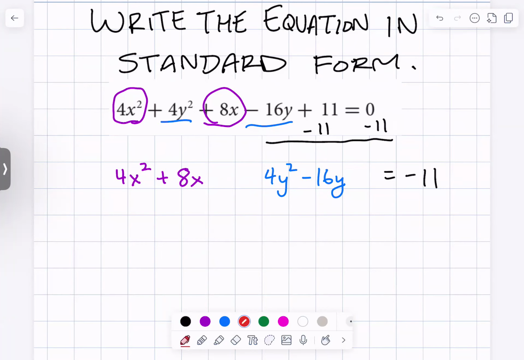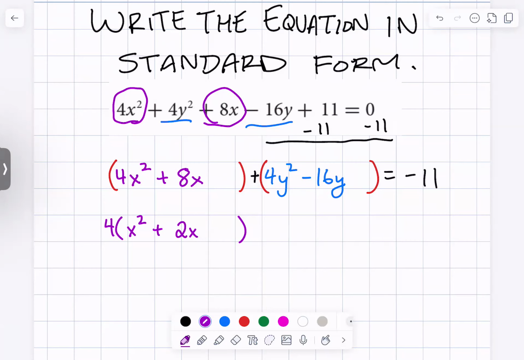And as I go ahead and complete the square here, before we complete the square, though, there's a coefficient of 4 on both. So I must factor that out. If I factor out a 4, I have x squared plus 2x.